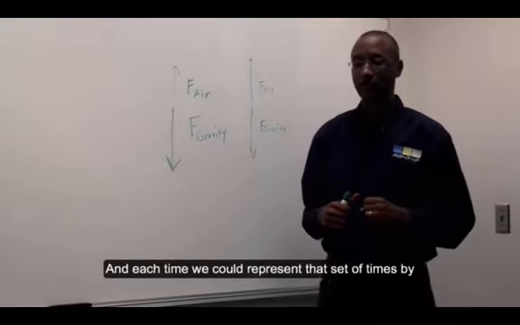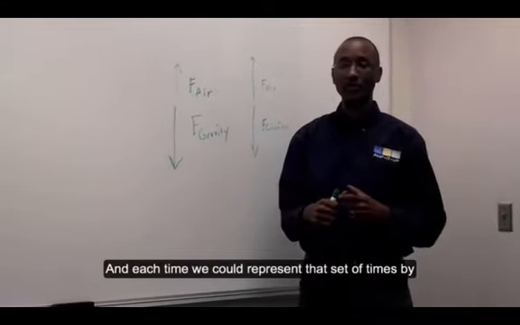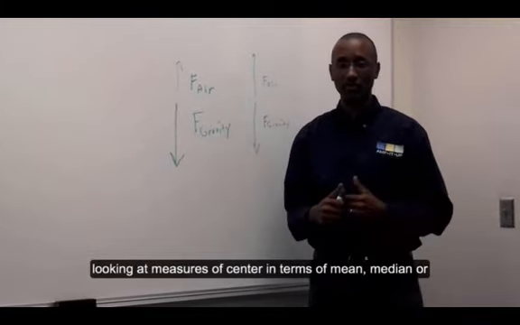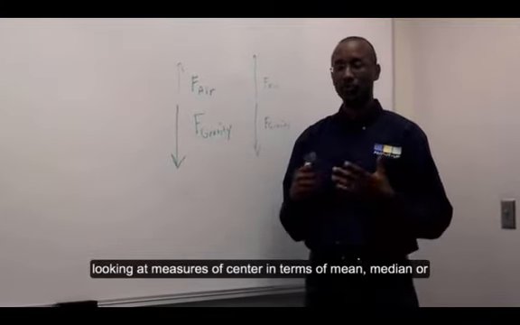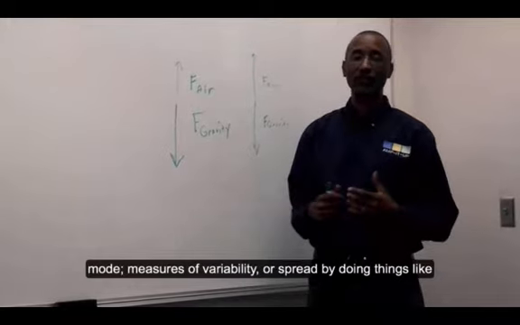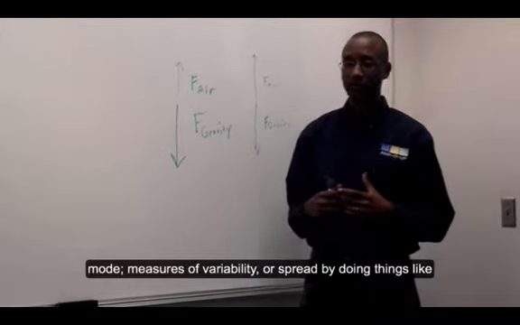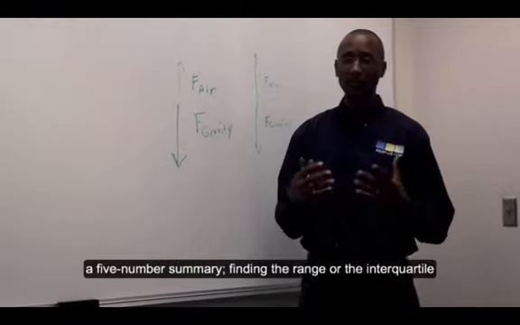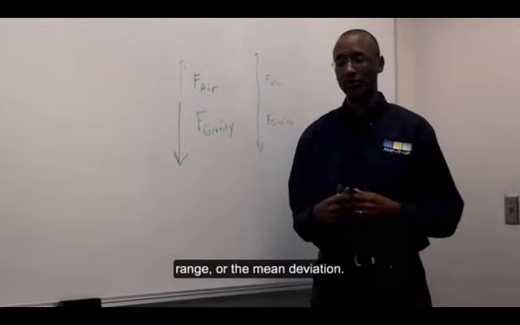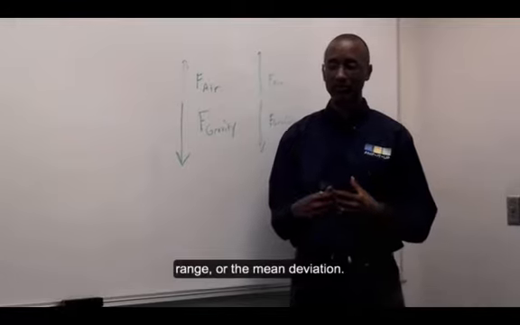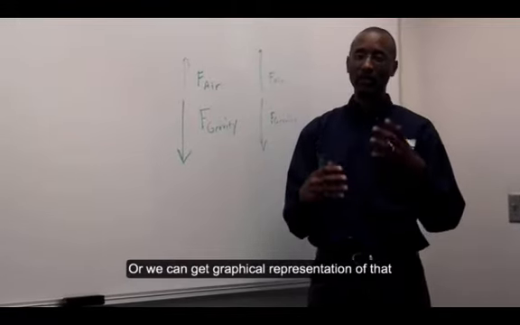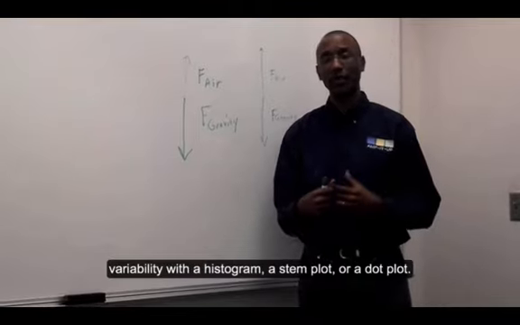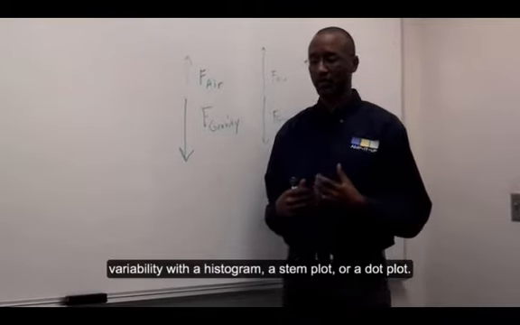And each time, we could represent that set of times by looking at measures of center in terms of mean, median, or mode, measures of variability or spread by doing things like a 5-number summary, finding the range or the interquartile range or the mean deviation, or we can get a graphical representation of that variability with a histogram, a stem plot, or a dot plot.